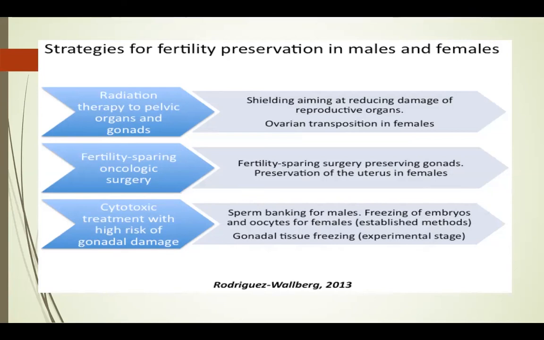Tell them that there are some centers inside the kingdom that do oocyte freezing, and there are options outside. Oocyte freezing is for females who already have their periods. For young girls who haven't had their periods, gonadal tissue freezing, ovarian tissue freezing, is an option. Maybe it's not available here in the kingdom, but always give the patient the option.